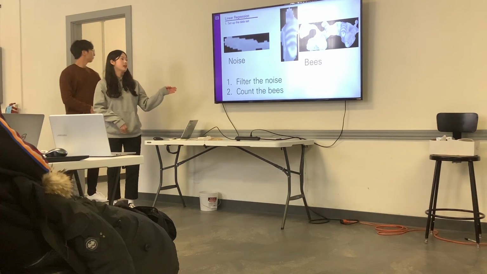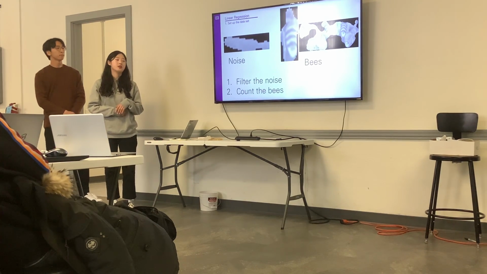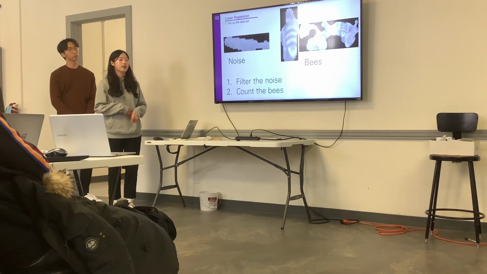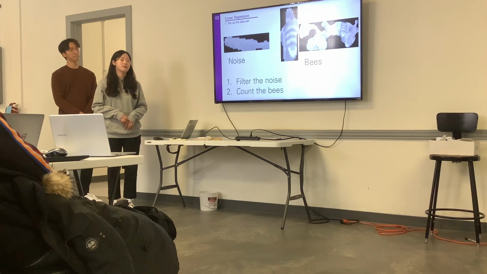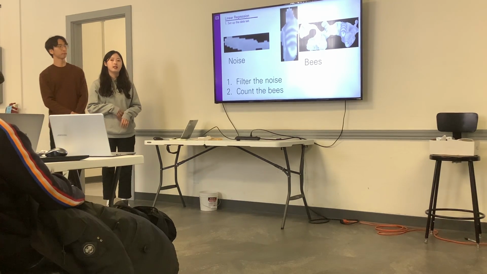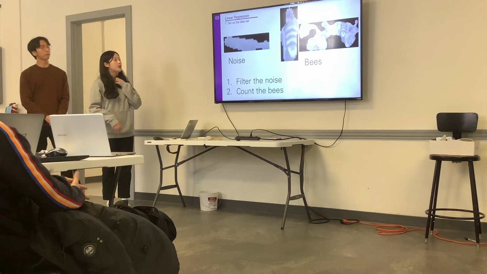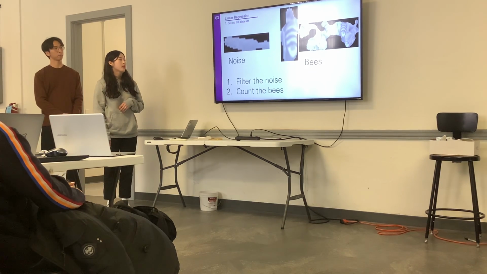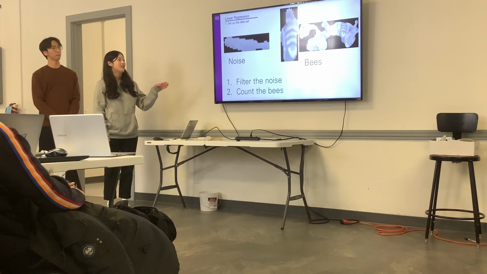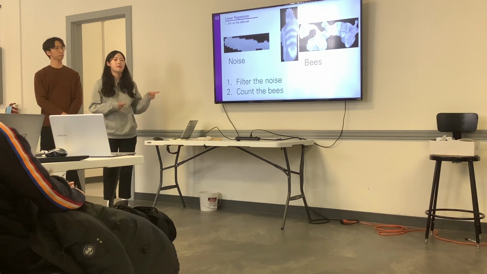To verify that it is accurate to count the number of bees, I identified the correlation between the number of bees and the pixel data and conducted a regression analysis. Before that, I received images with two kinds of noise that were not bees, so I needed to figure them out.